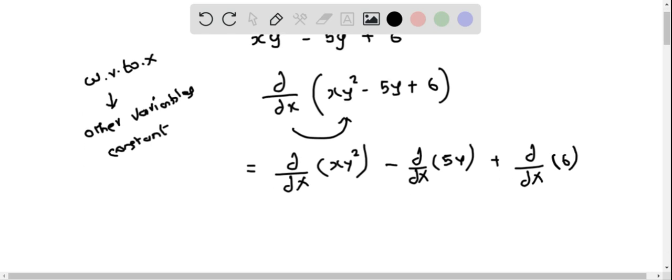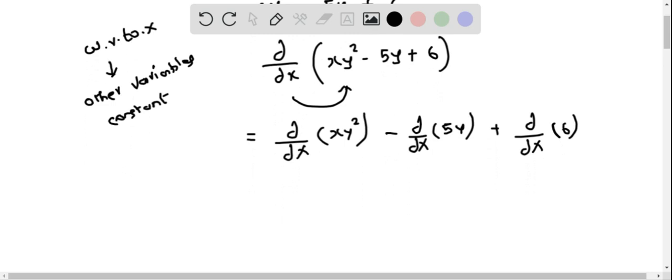Now let's do the partial derivative of each of the terms. The first term is xy squared. Since we are doing the partial derivative with respect to x, we have to consider y squared as a constant and take the derivative of x alone.